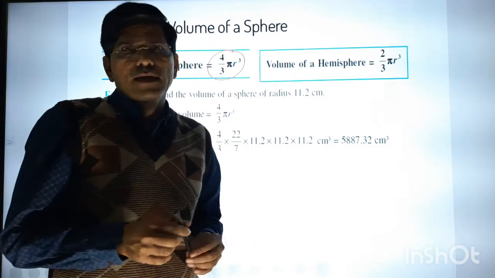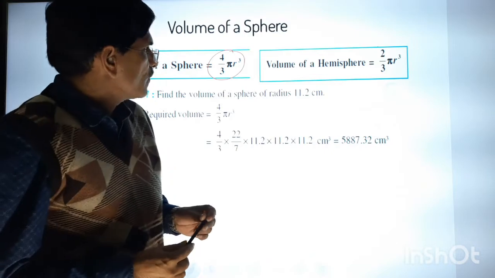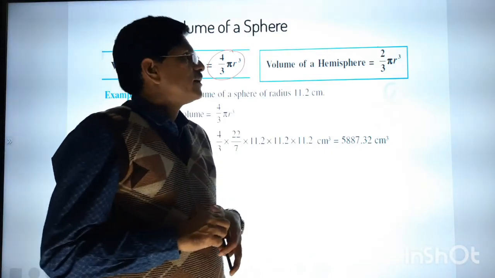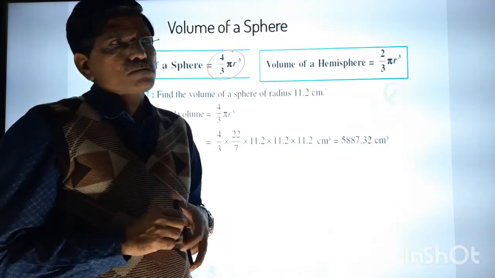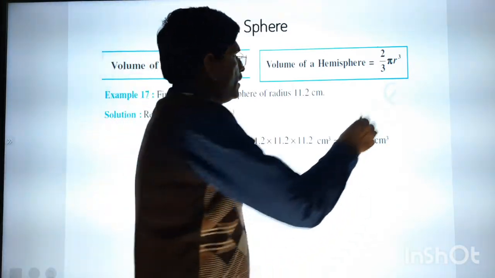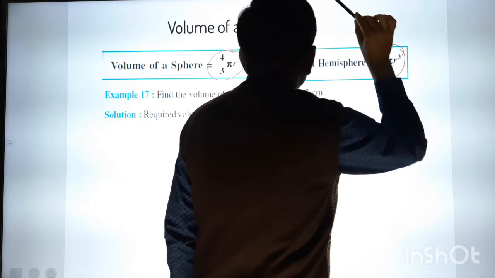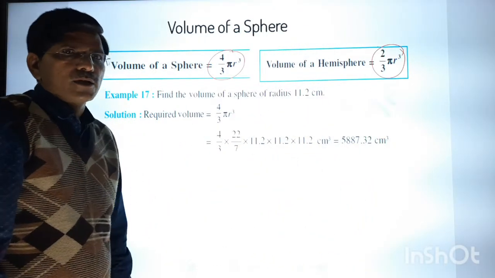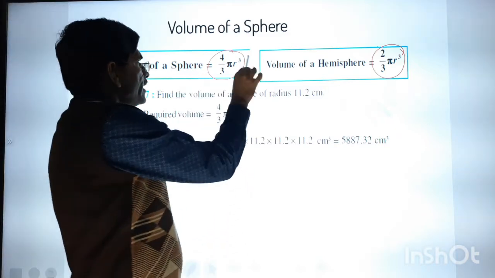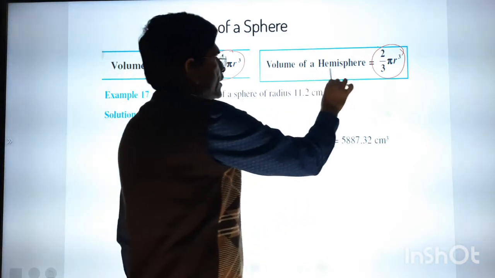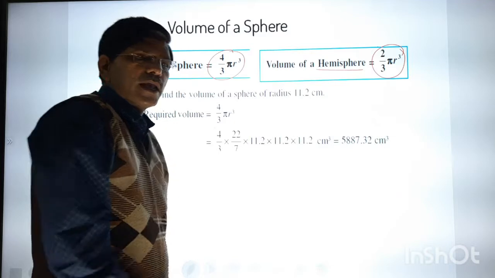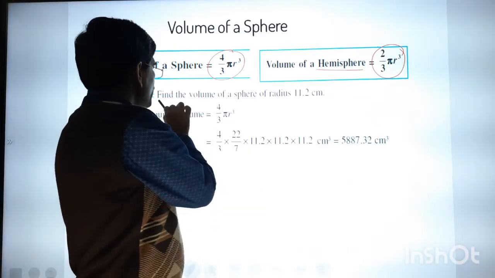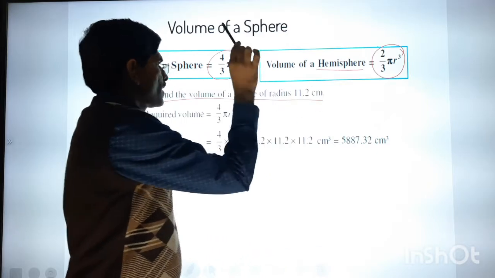Now similarly, if I want to find the volume of a hemisphere, then it is 2 by 3 pi r cube. The volume of a sphere is 4 by 3 pi r cube. If I divide it by 2, it will be converted into a hemisphere. Hemi means half.